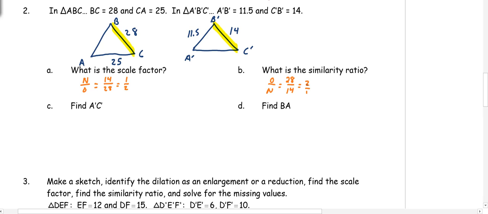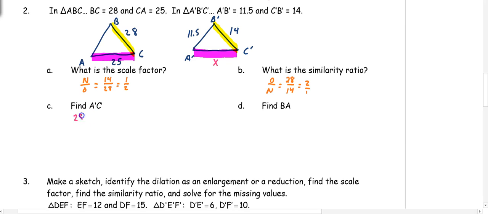So now let's find our missing side lengths. First we're going to find the side length of A prime C prime. So we have the AC length and we have the A prime C prime length. To set up our proportion, we're going to use the two sides that have numbers on them. So we're still going to use 28 and 14.